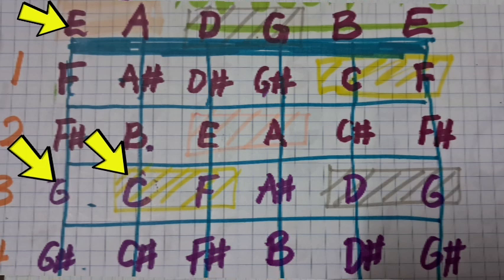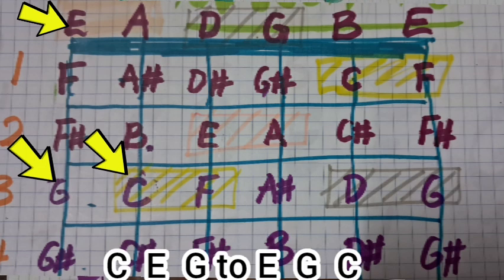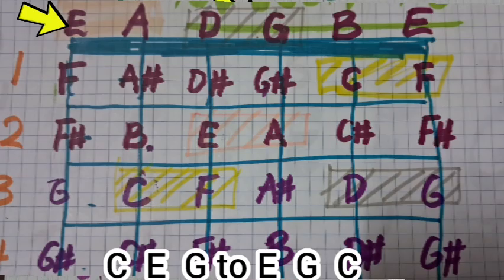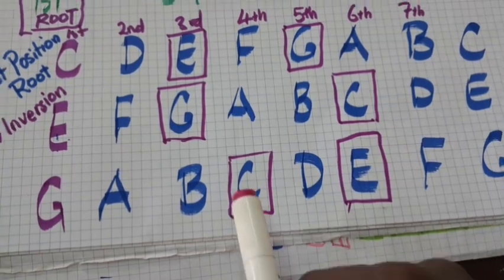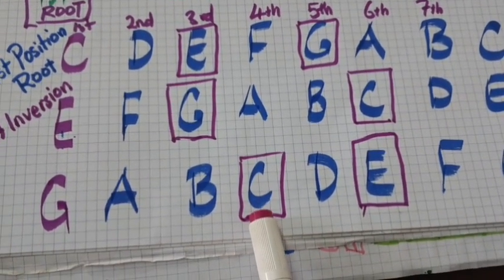So this is now our first inversion, where C has moved from being the root to the back. It has taken the back position. And G has moved from being the fifth to the third position. And E has moved from the third position to the first position. Here is still the key of C major, but C now is in the middle.